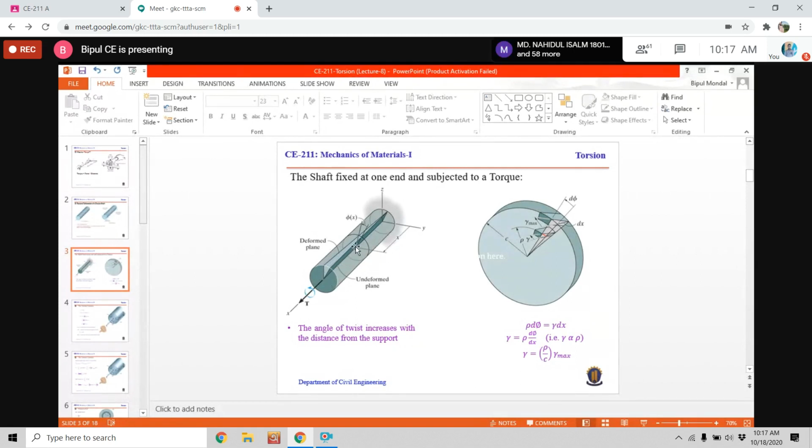Initially, if we consider a plane, this is a plane. It was before applying the torque, and when we have applied this torque, then this plane has been shifted here.